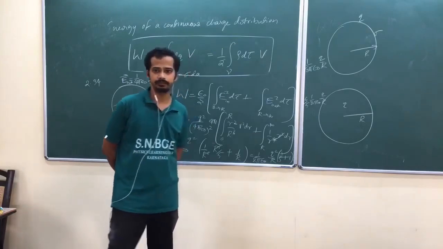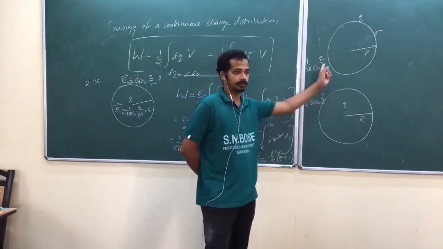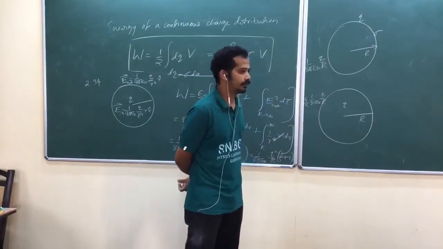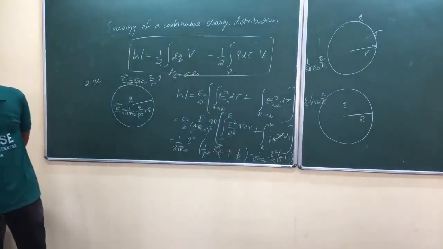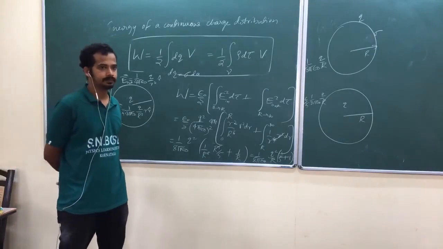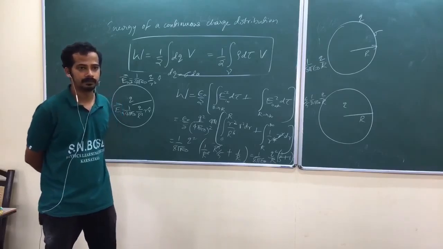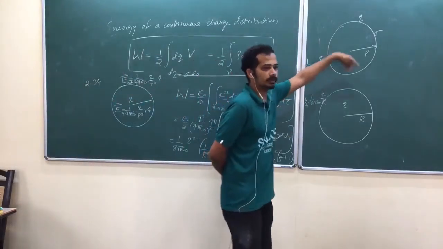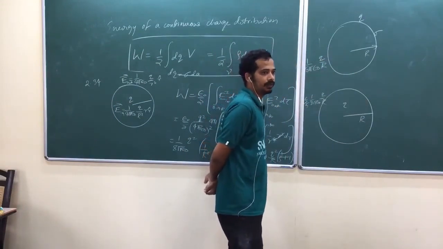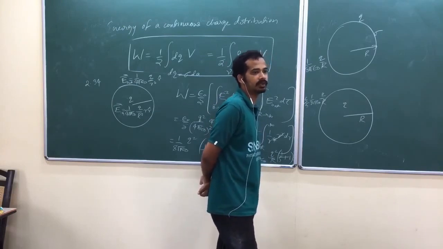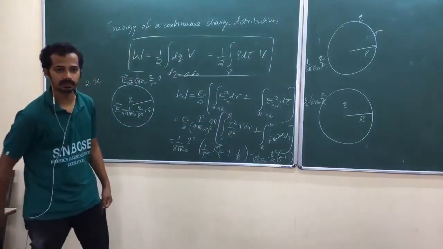Total amount of charge is same. He asked the ratio of these two. Any reason? Okay. So here charge is concentrated on the surface. From which discussion did we start this one? We started moving the charges from infinity to our region, accumulating the charges.